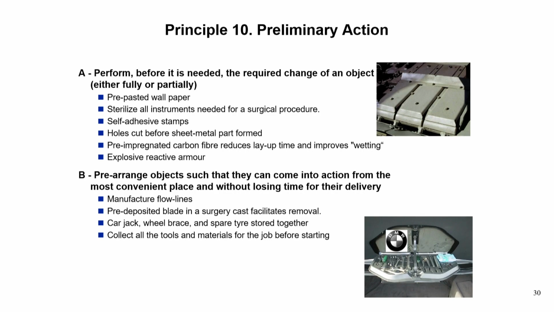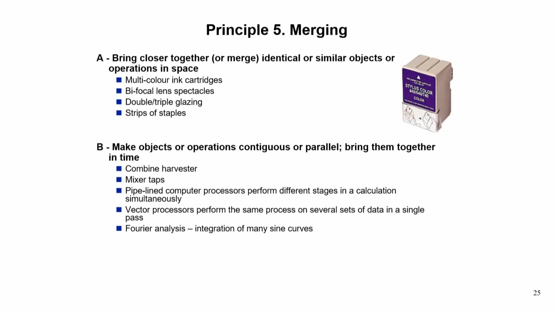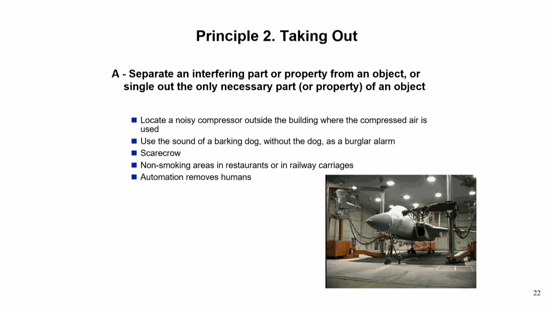Now, of course, there are other principles. I told you 2 and 10. Let us check that in earlier lectures we have seen those things, right. 10 is preliminary action. You take some preliminary action on the system, like pre-stress it, so that it does not get bent, and 2 was taking out.